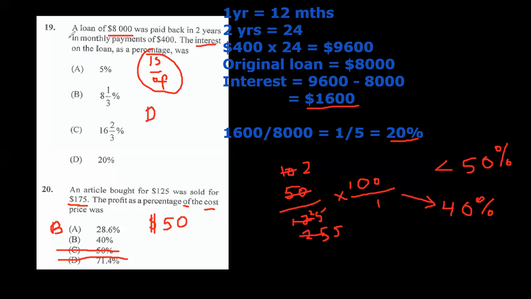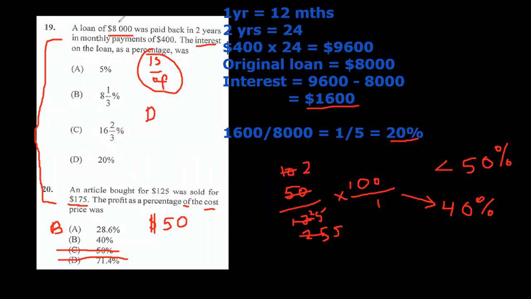So these two questions examine the same idea, the same mathematical terminology and vocabulary. They exploit your understanding of the vocabulary of mathematics, right? Profit as a percentage of, and the interest of the loan as a percent. But here, the of is understood: as a percentage of what?